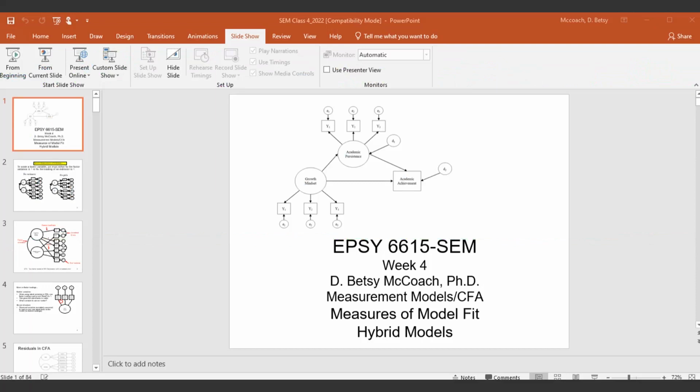If the correlated error is positive, it means that those two items or indicators are more related to each other than would be predicted by the rest of the factor structure.